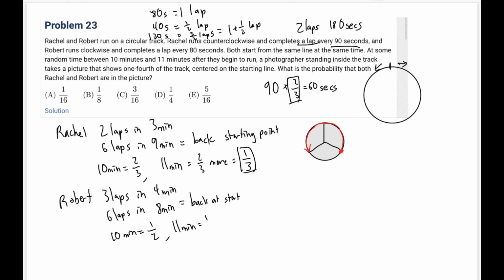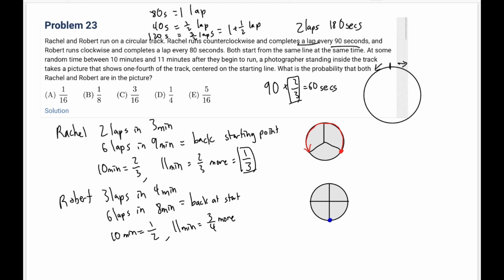So he will have traveled 3/4 more. So if we draw his progress, then it would be like this, and he would have come from the half line.